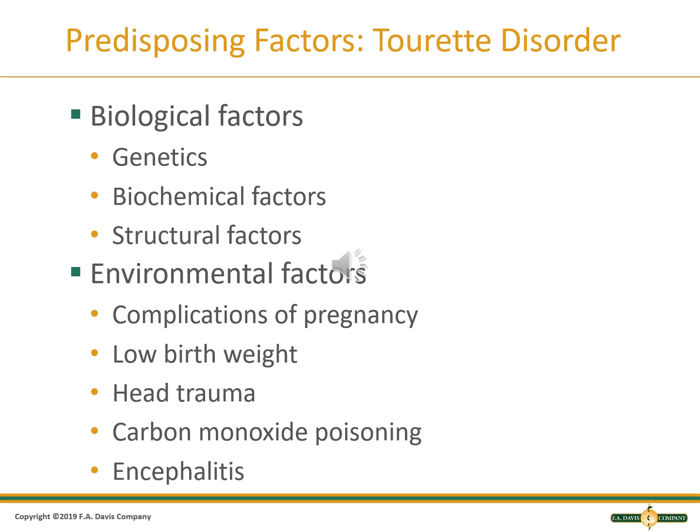So it is believed that for biological factors, it could be a genetic predisposition, as well as biochemical factors and structural factors. Then we have our environmental factors. So that could be complications related to pregnancy, low birth weight, head trauma, carbon monoxide poisoning, encephalitis.